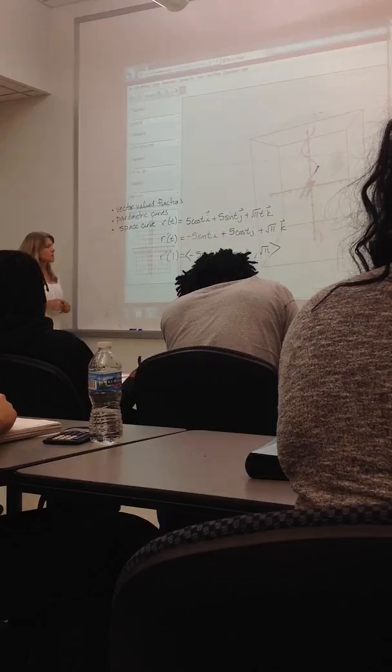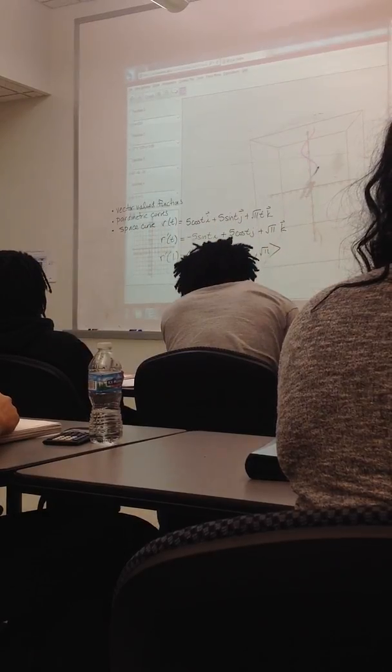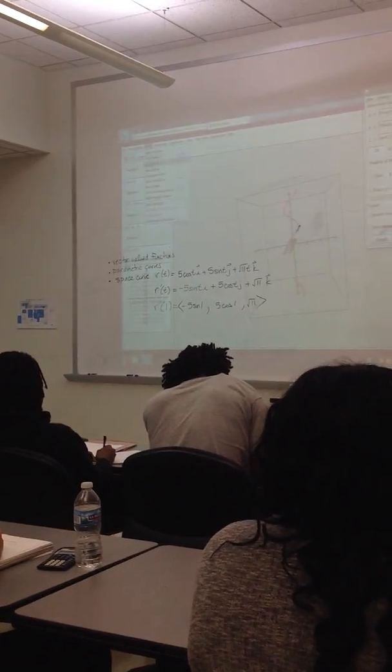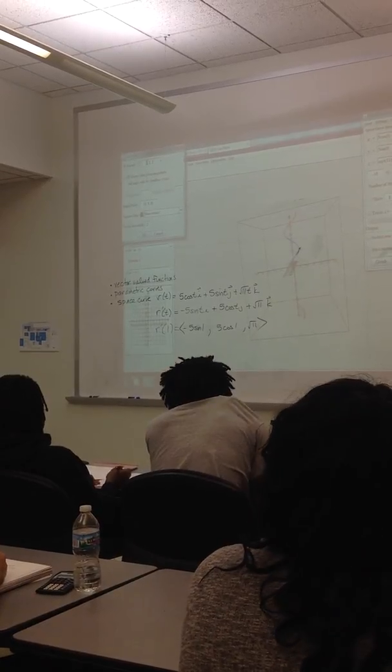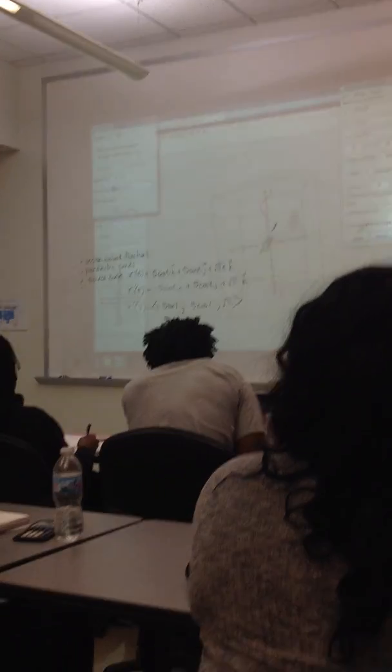Notice the z doesn't change, it stays square root of 11. So I can graph the vector, wait, it's negative 5, right?